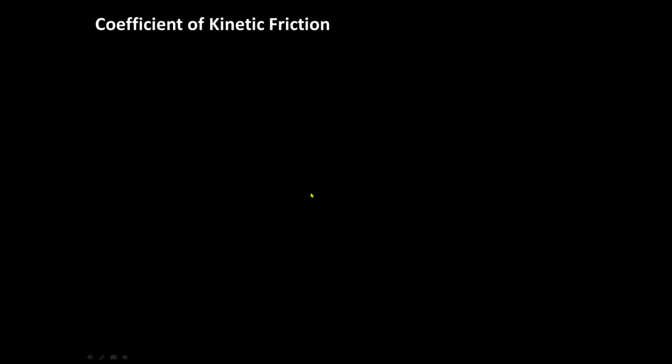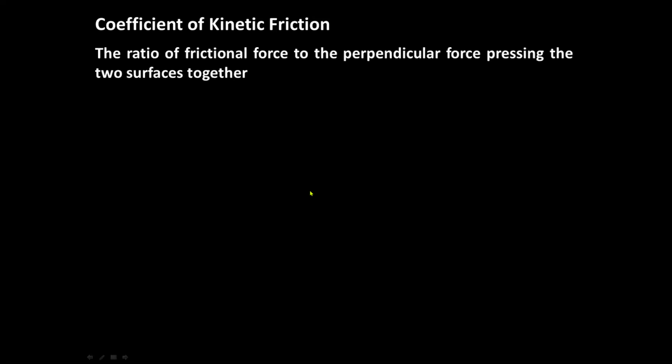Now, coefficient of kinetic friction, ito yung definition natin. The ratio of frictional force to the perpendicular force pressing the two surfaces together. And this is our formula for coefficient of kinetic friction: equal to force over normal force, frictional force over normal pressure or normal force.